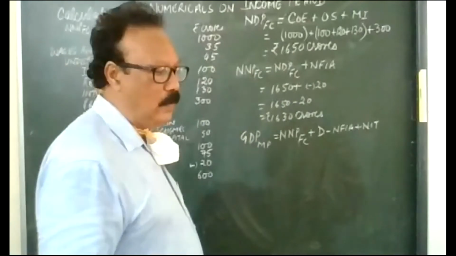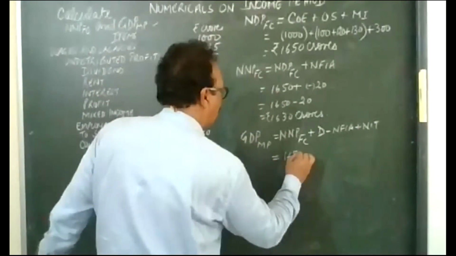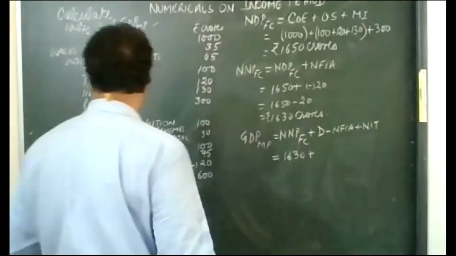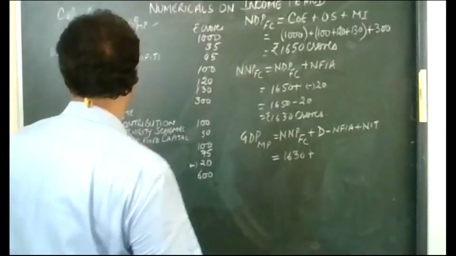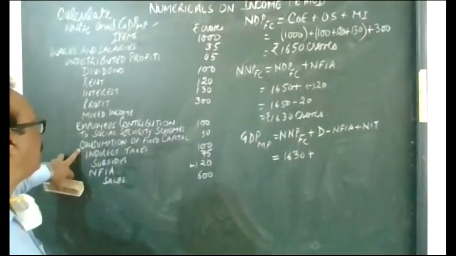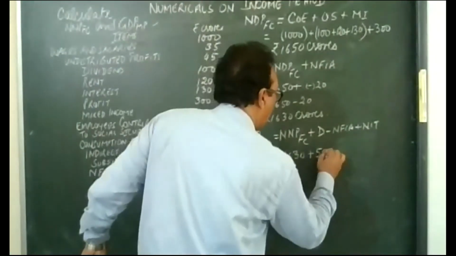Now we derive the formula. Here we have 1630 plus depreciation. Is it given? It is given under the heading consumption of fixed capital, another word for depreciation, 50.